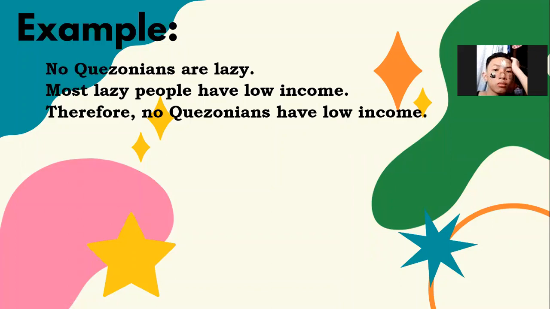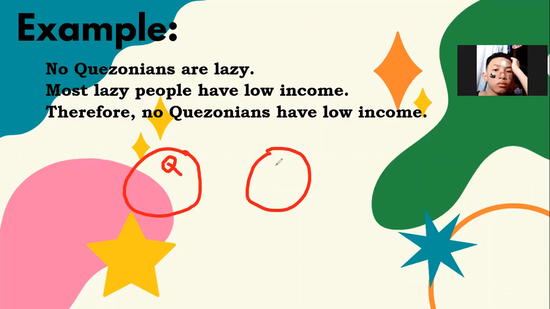This is under the second standard form. Paano yung no S is P? Paano natin dinodrawing yung no S is P? Magkahiwalay po na circle. Okay, thank you. Magkahiwalay na circle. So this is our Q and this is our L.